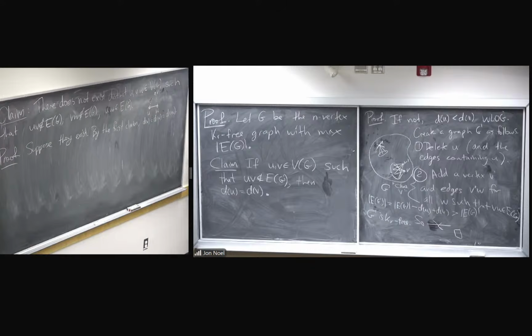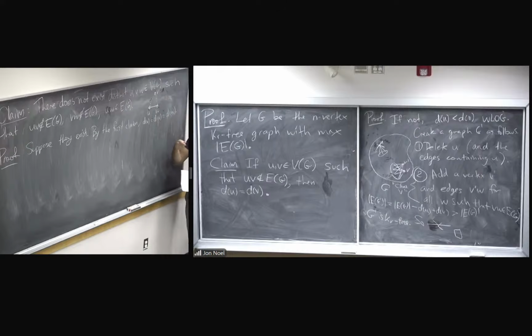So we're going to kind of do the same thing as before. One nice thing is if I delete u and w, you can't delete this edge twice. The edge is going to disappear the first time, and then that degree is now smaller because of deleting u, and it doesn't disappear the second time.